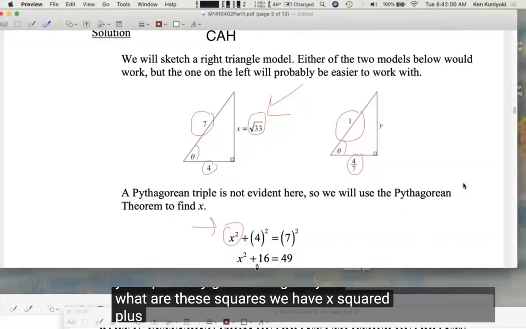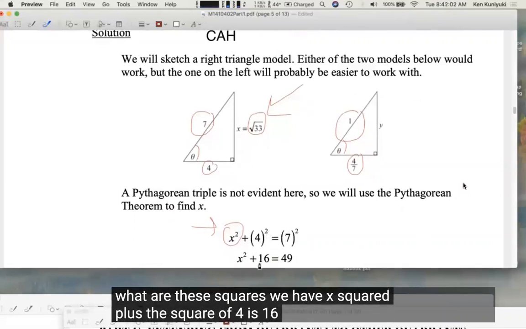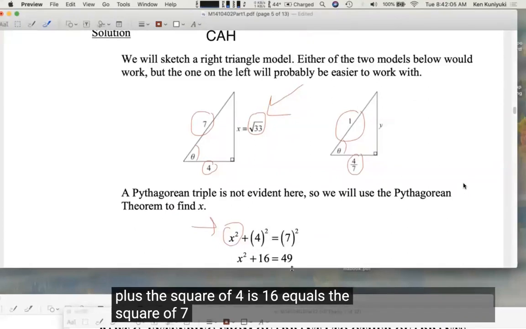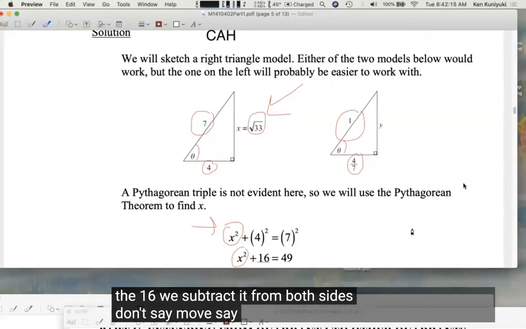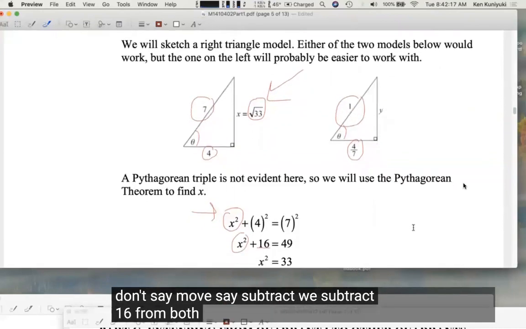We have x squared plus the square of 4 is 16 equals the square of 7 is 49. We're solving for x squared and then x. What do we do with the 16? We subtract it from both sides. Don't say move, say subtract. We subtract 16 from both sides. X squared equals 49 minus 16 is 33.